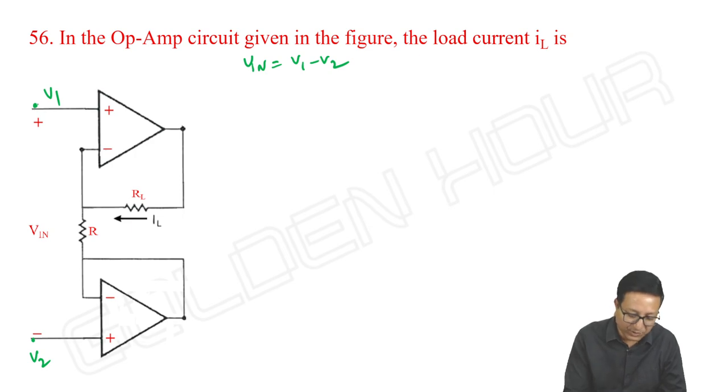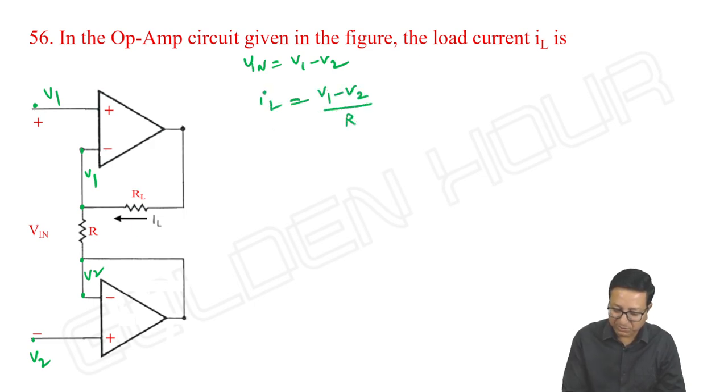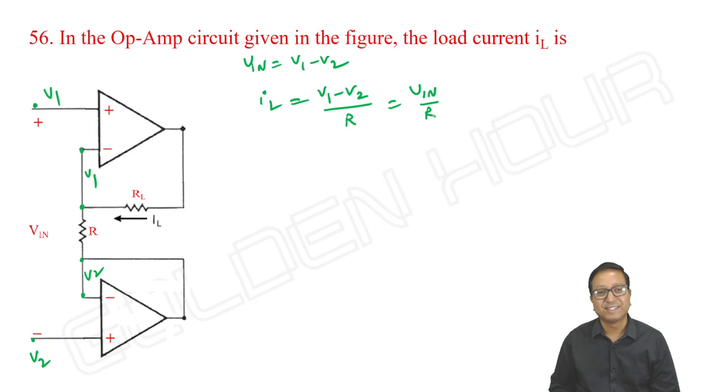Due to virtual short, it is V1, and due to virtual short, it is V2. So what is IL? IL is equal to the difference of this voltage and this voltage by R, V1 minus V2 by R, where V1 minus V2 is nothing but our input, by R.